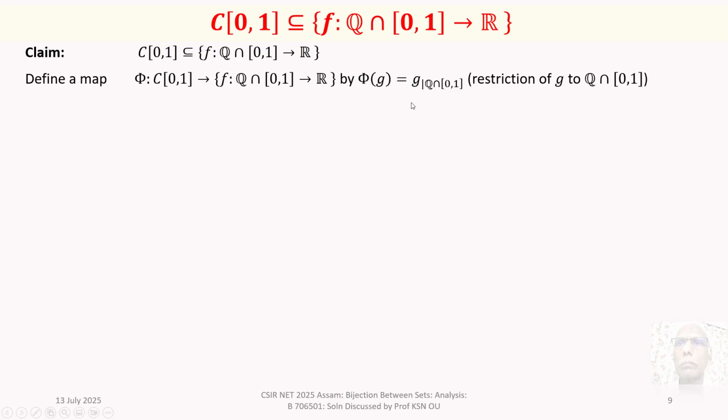For every continuous function, we take its restriction in this set. So, we want to prove that phi is 1-1.